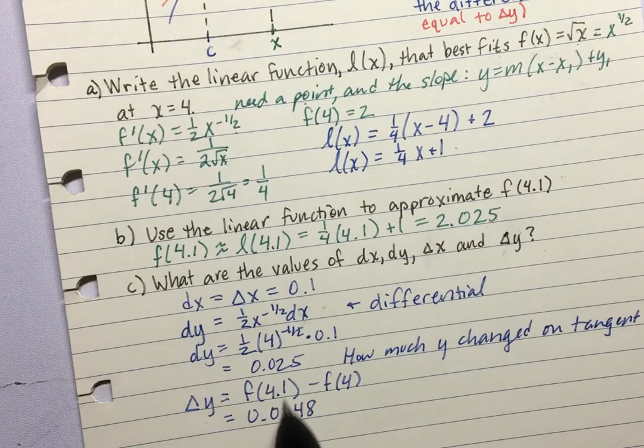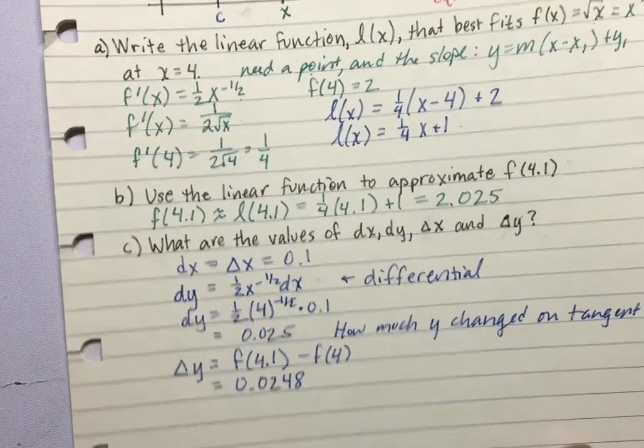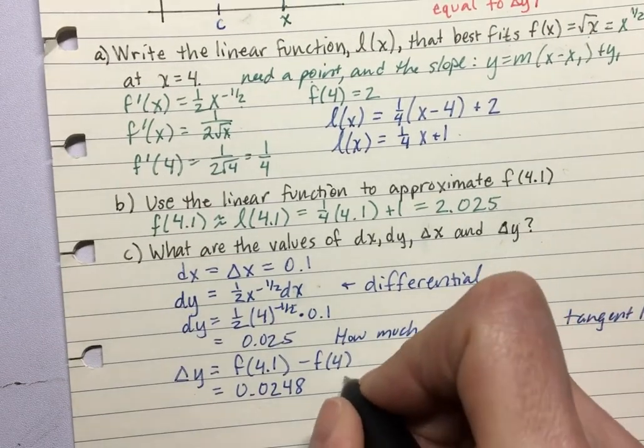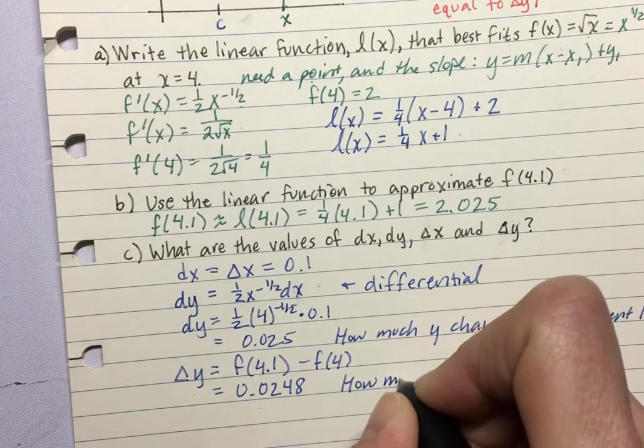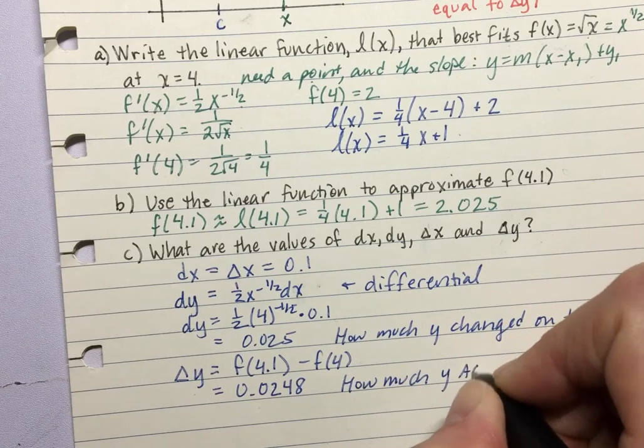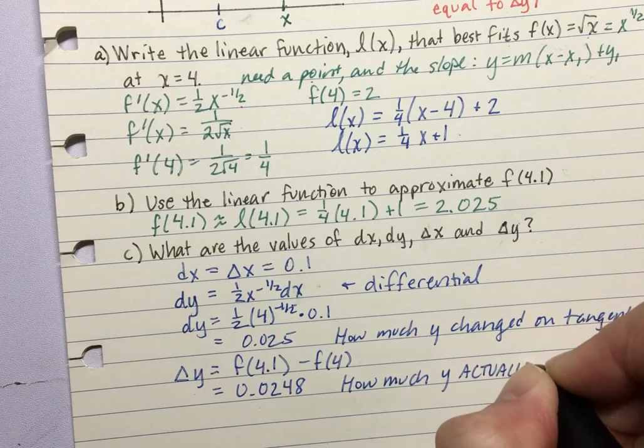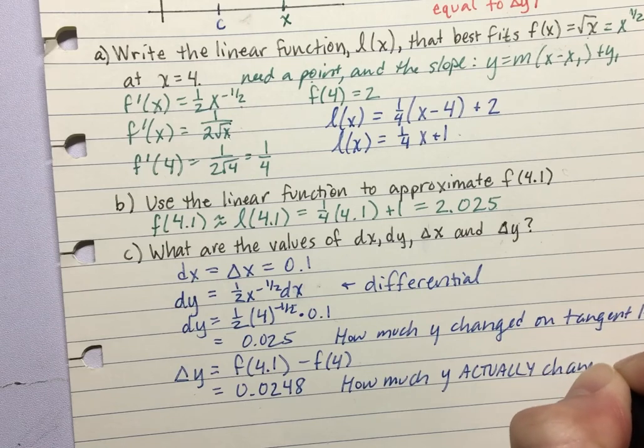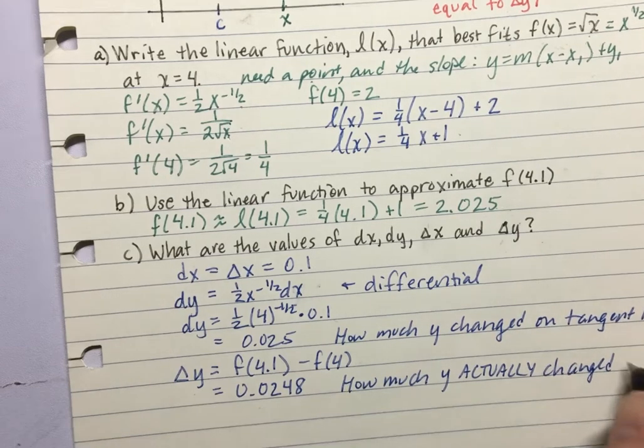So these two are really close to each other, but they're not exactly the same. So dy and delta y will be close to each other, but not exactly equal. And again, this is how much y actually changed, and that's on f of x.